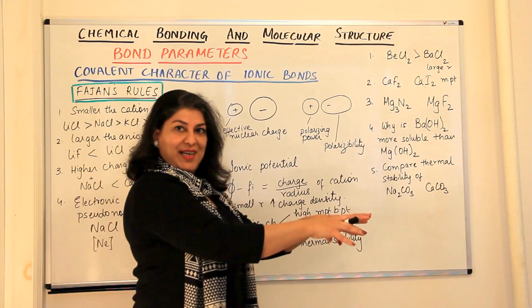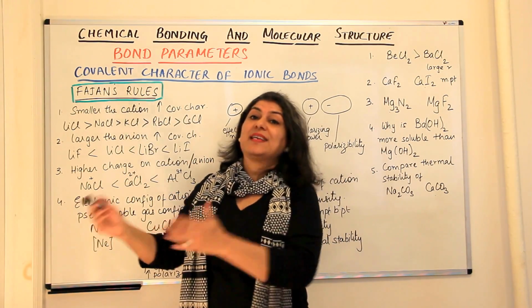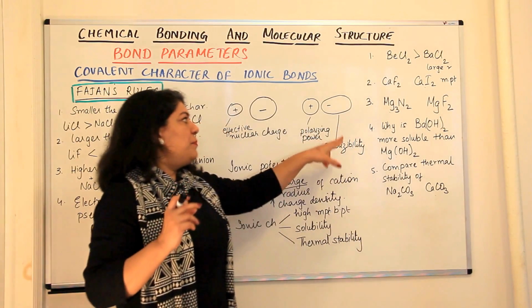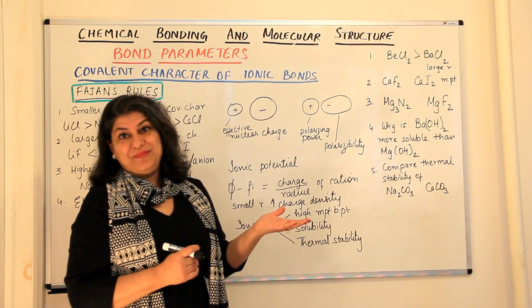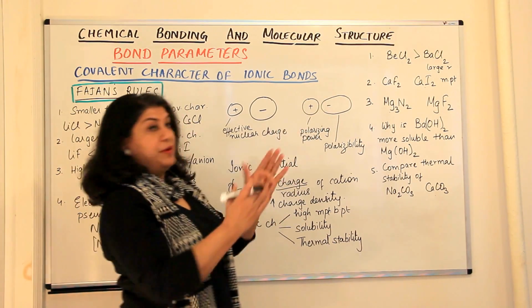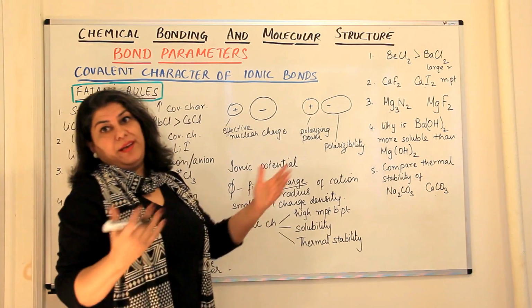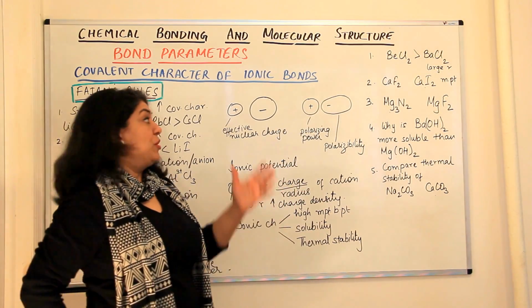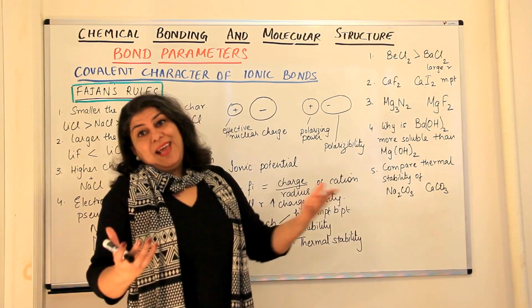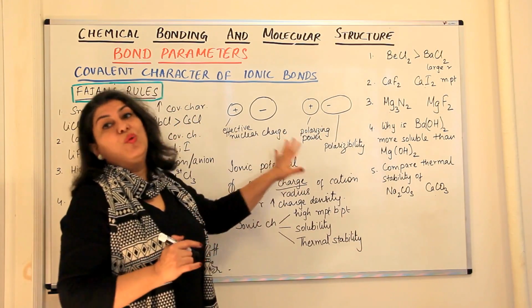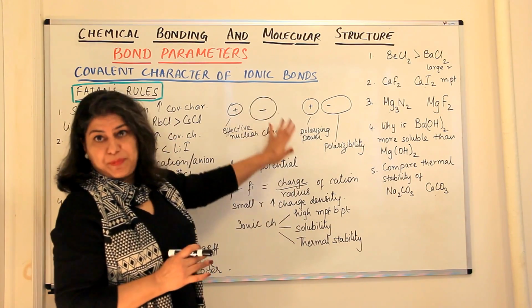The greater the polarization, the greater the distortion, and the more electrons come towards the cation. The greater would be the covalent character, because that much sharing of electrons is taking place. So this is the basic concept behind this.